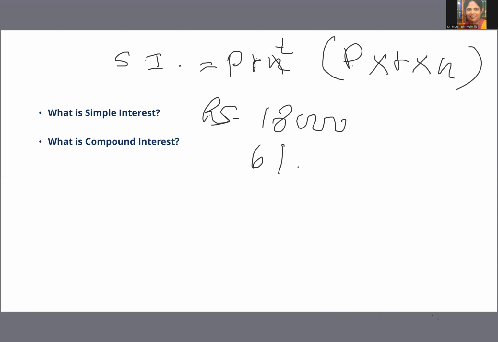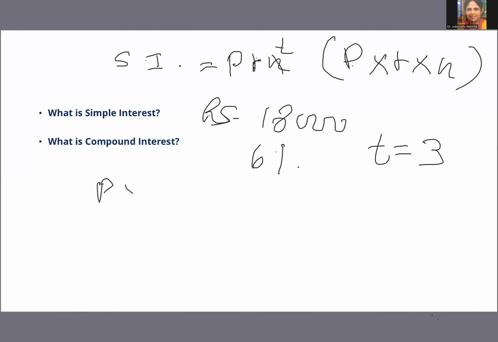Then the man is repaying the loan over 3 years, so N equals 3. How can we calculate the amount of simple interest paid?